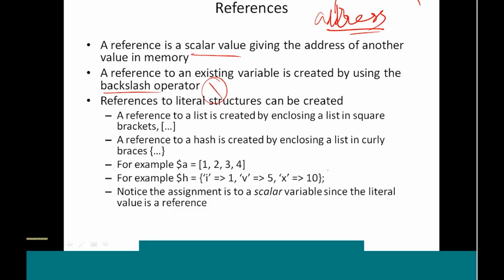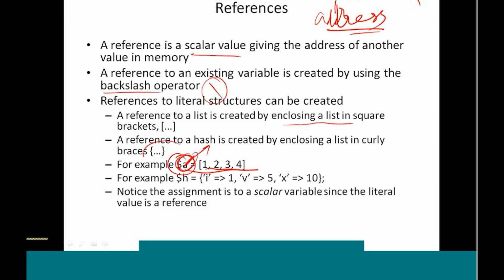And then references to literal structures can be created. If you want to create a reference to a list, we can do so by enclosing the list in square brackets. This is what we are doing when we write an array. Here $A is 1 2 3 4, so when we use $A, that refers to this whole list, which is 1 2 3 4.